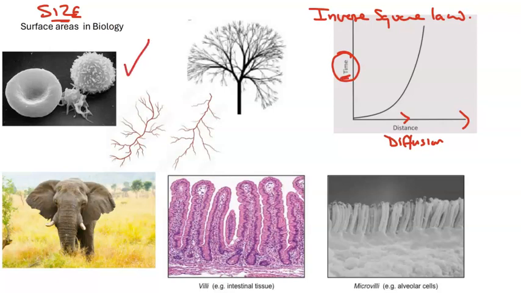So if we take a cell with such a small size, the effective diffusion times for oxygen and carbon dioxide are very small, which is very, very good.